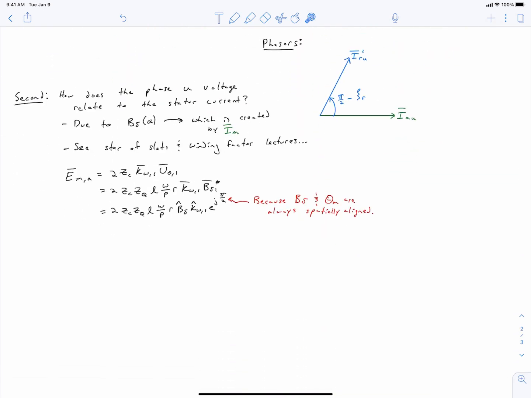Next, we're declaring that our winding factor has an angle of j pi by 2. And that is because we are declaring that at time 0, our B delta is going to be oriented along the horizontal axis. That must also mean that our magnetizing current linkage is oriented along the horizontal axis.